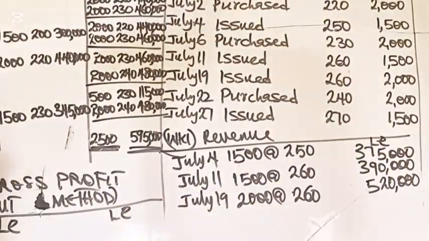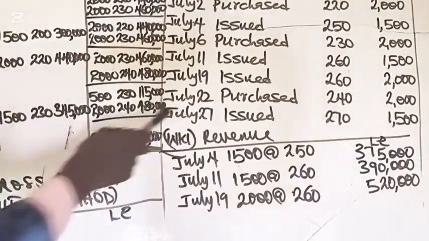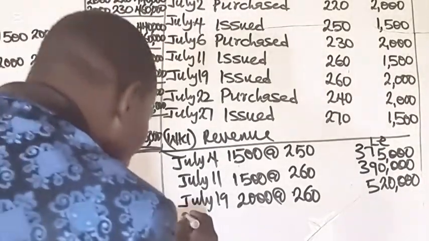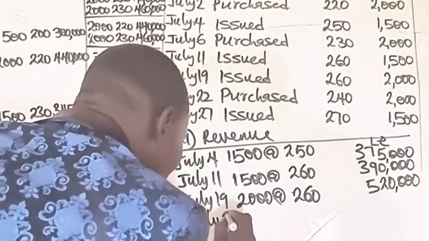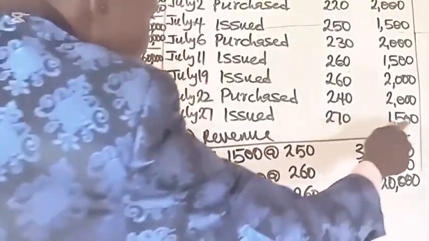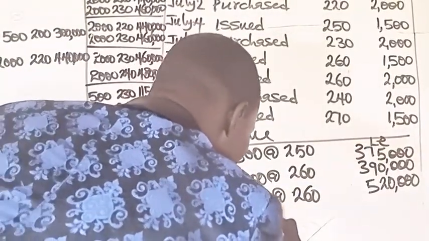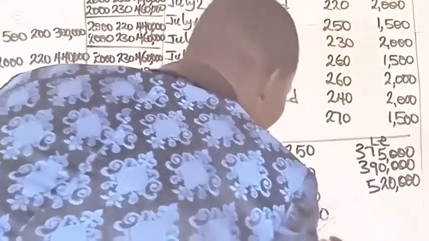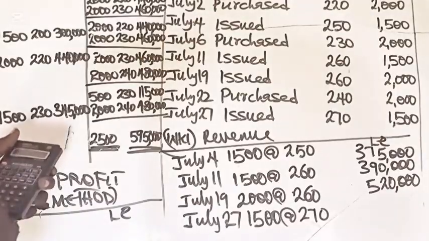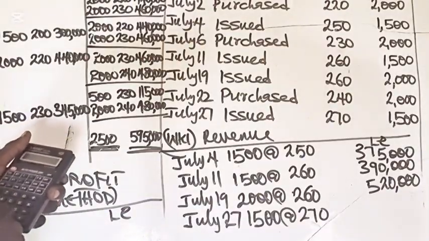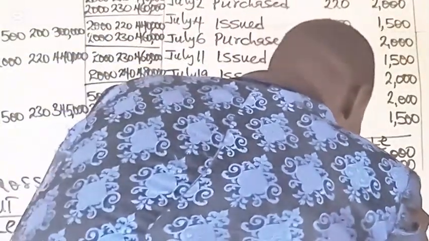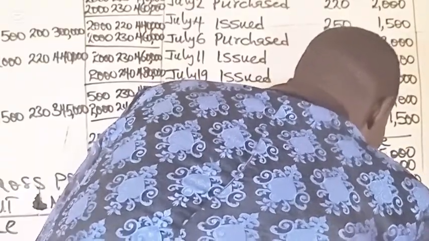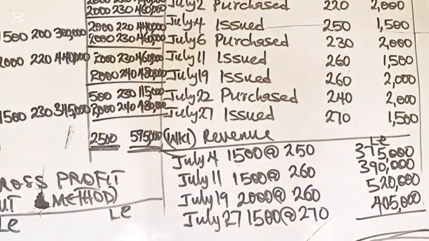Then we also have another sale made on the 27th of July, and that is 1,500 units at the price of 270 Leone. 1,500 times 270 gives us 405,000.